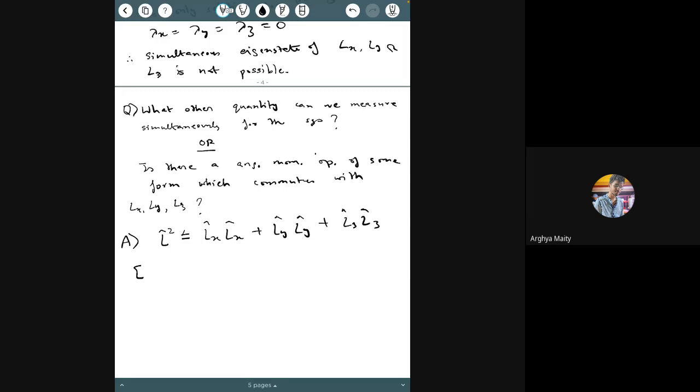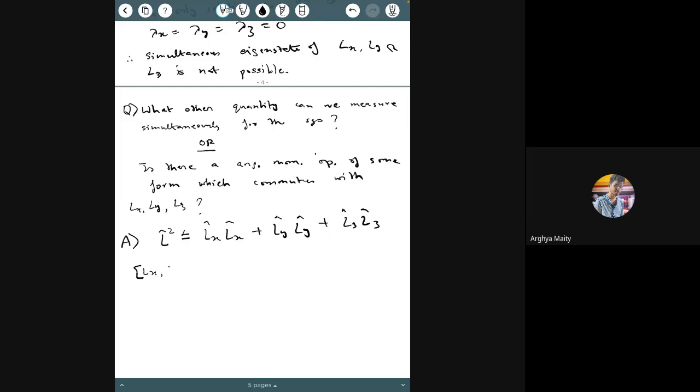So Lx square will commute with Lx. But there is no guarantee that Lx will commute with Ly square or Lx with Lz square. No, that will not solve your problem. You will have to work it out.